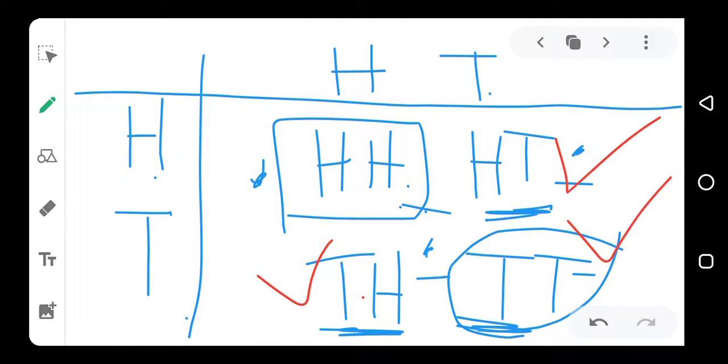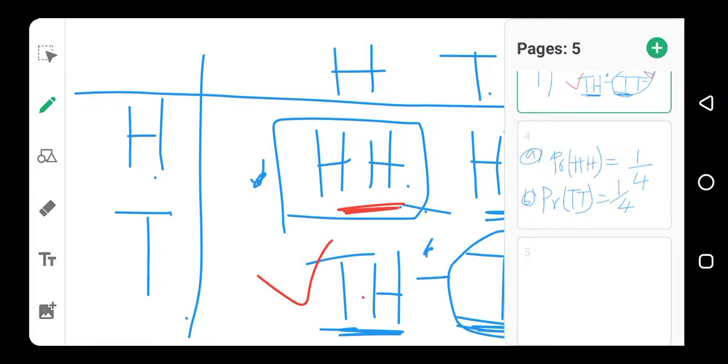So the probability of at least one tail is equal to 3. The total number of events with at least one tail is 3. 1, 2, 3. This is the only one that does not contain a tail at all. And the sample space still remains 4.